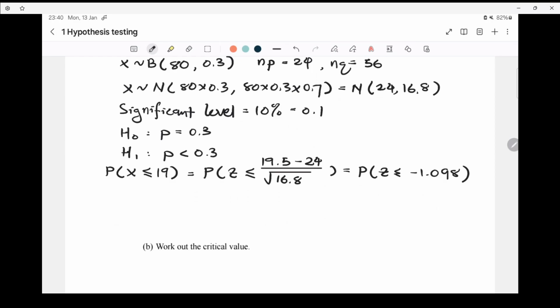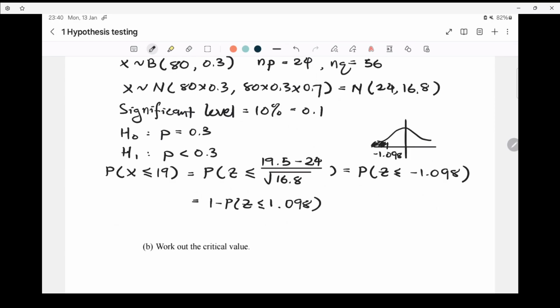Just check your table. And if you still can't see it, draw the bell curve. So this is minus 1.098. And this is the region that you want to find. So this is basically the same as 1 minus P(Z ≤ 1.098).